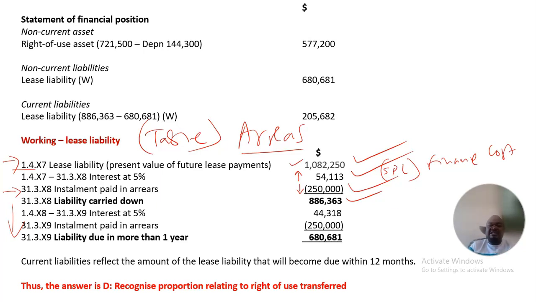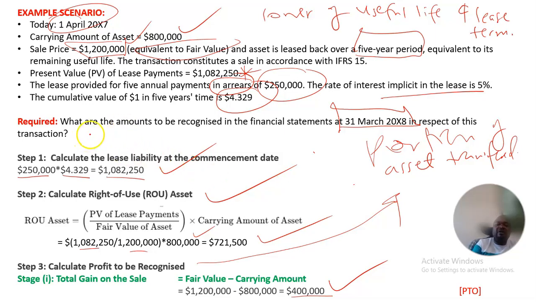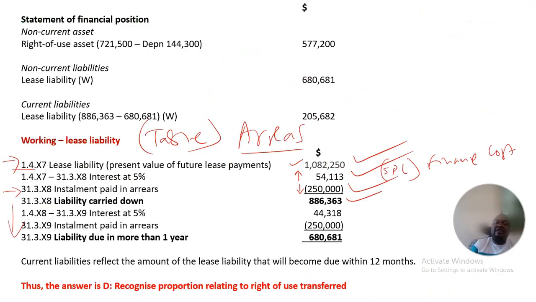Remember, today is the end of the year, that is 31st March 20x8. You need to produce some accounts, because the question is asking what are the amounts to be recognized in the financial statements at 31st March 20x8. So, for you to come up with the rightful figures, you also need to extend your table by another year.